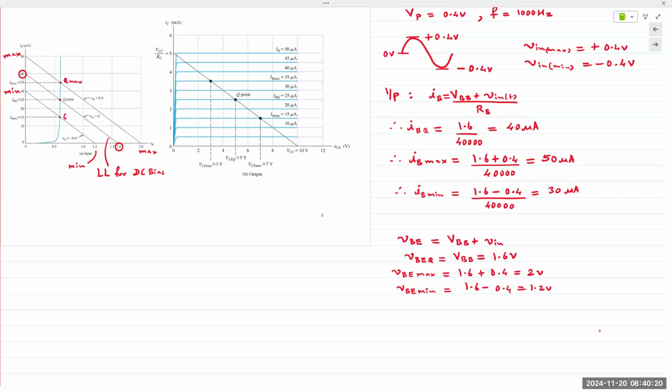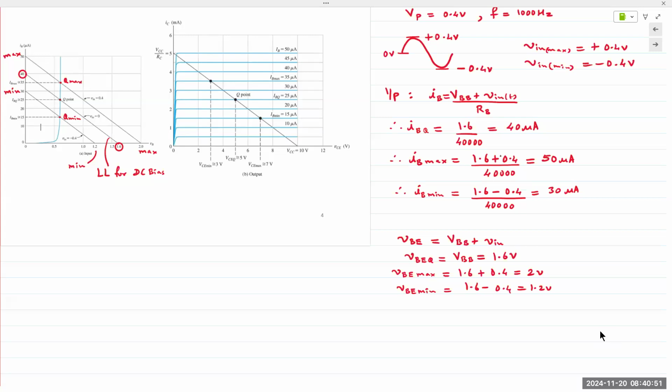Q max, Q min. The input actually would be varying something like this. Actually, let's not draw. Let's hold off on that. But those 3 load lines are the maximum swing of the input voltage on the input characteristic.